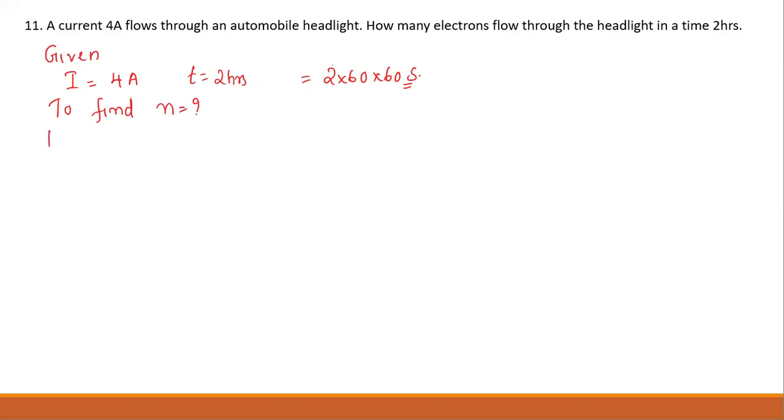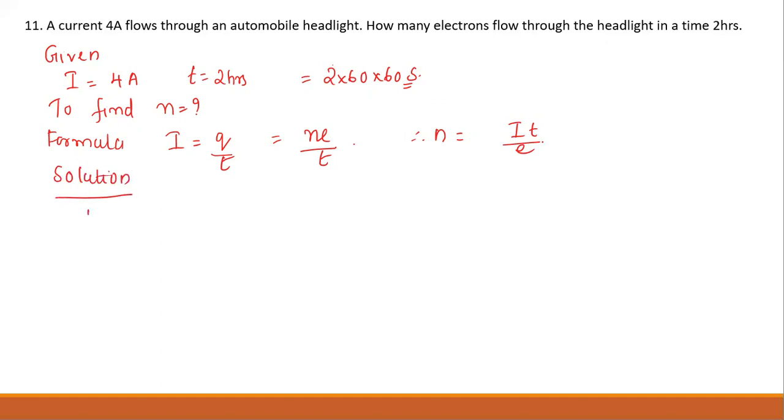To find number of electrons, n, we know that the formula for current is I is equal to Q by T, and Q is equal to NE. That is I equals NE upon T. We want to find out N from this. So N is equal to IT upon E. On substituting the values, we will get the solution. That is N is equal to I is 4 into time is 2 into 60 into 60 upon charge of electron.